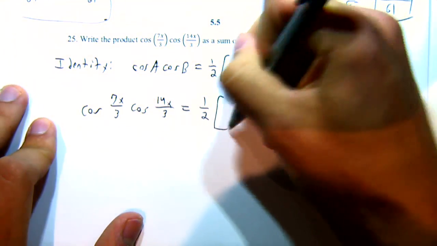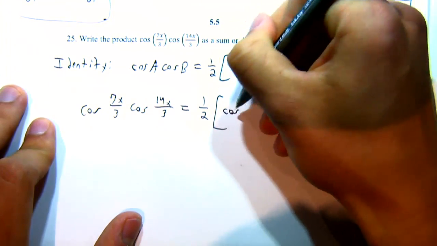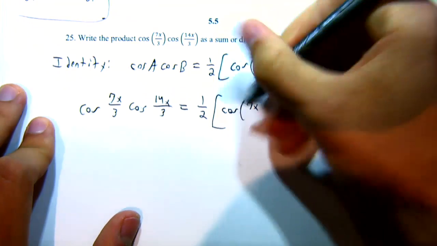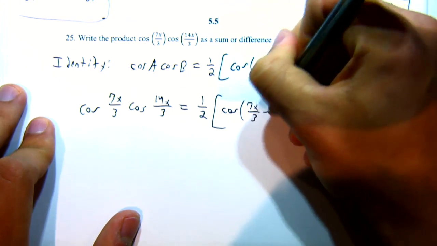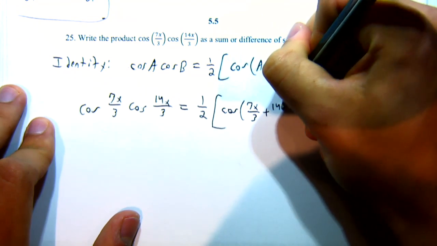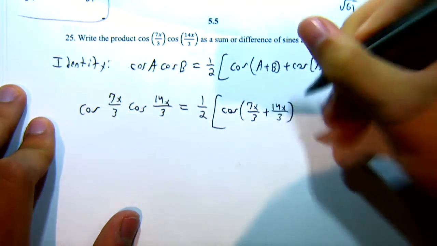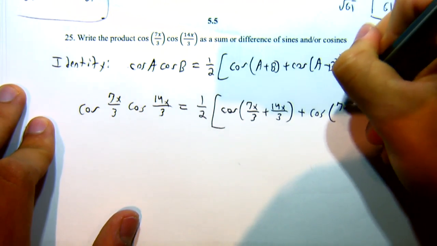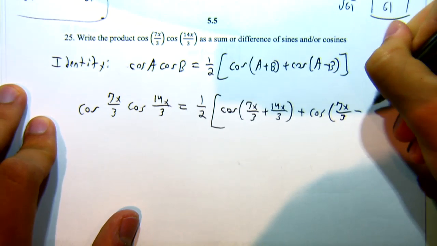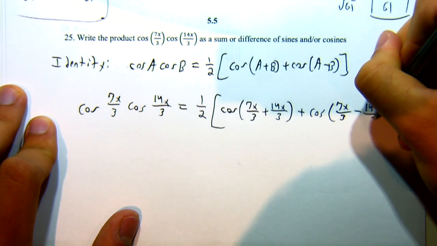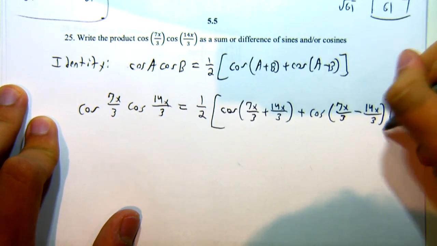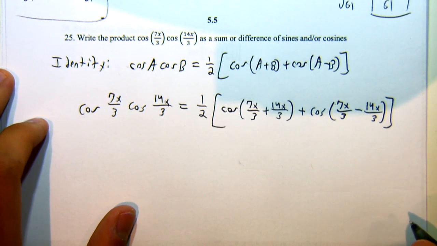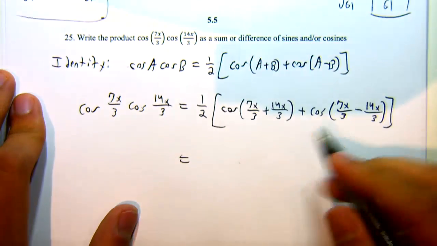And that's going to be equal to 1/2 cosine of 7x over 3 plus 14x over 3, plus cosine of 7x over 3 minus 14x over 3. Alright, so now it's just a matter of simply simplifying this.